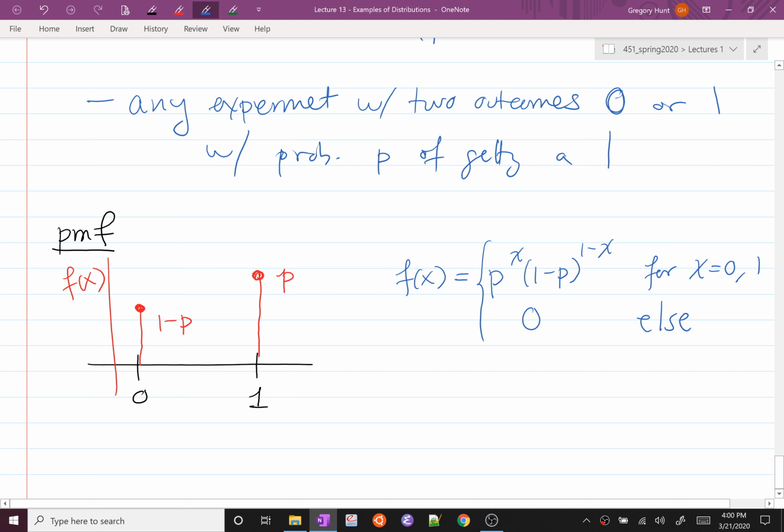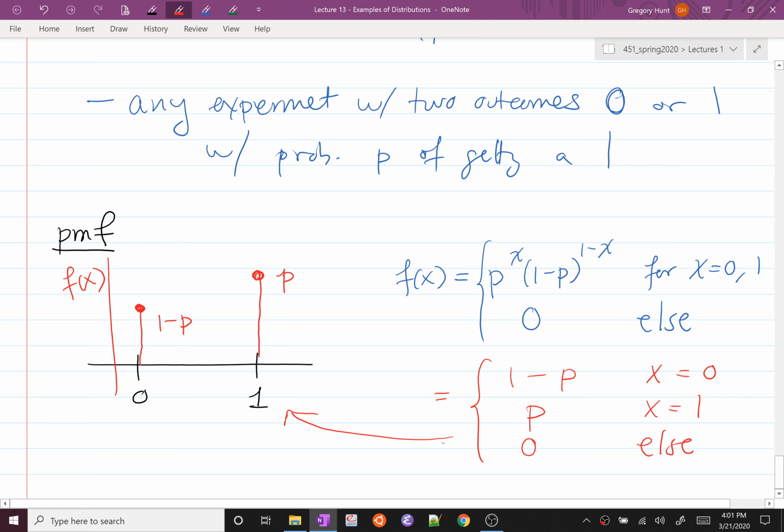Okay, what is that? x can take on the two values, 0 or 1. If x is 0, then p to the 0 goes away, that's just 1, and I get 1 minus p to the 1, so I just get 1 minus p. If x is equal to 1, I get p to the 1, and 1 minus p to the 1 minus 1 is 0, so the second part goes away, we're just left with p, and it's 0 for any of the other values. So this is exactly what we had in the picture.